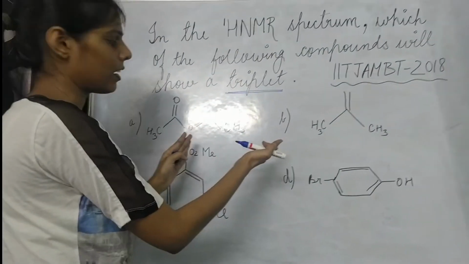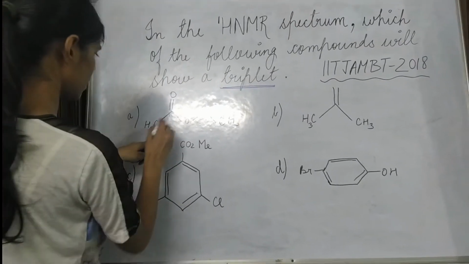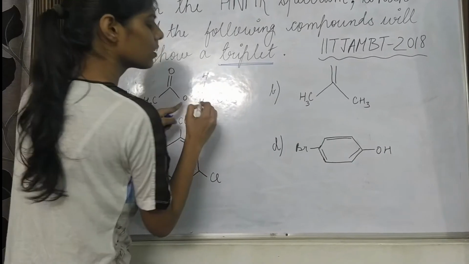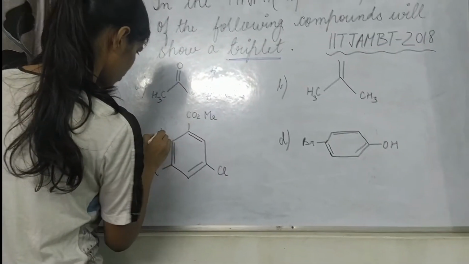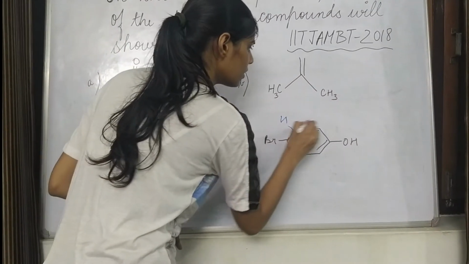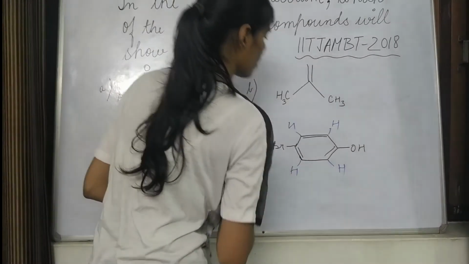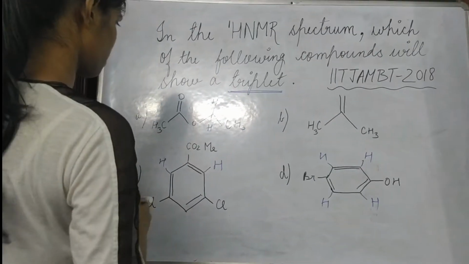So first we'll draw all the hydrogens in the compound. Here 2 hydrogens, then here no hydrogen, here 1. Now we'll check which will show a triplet.